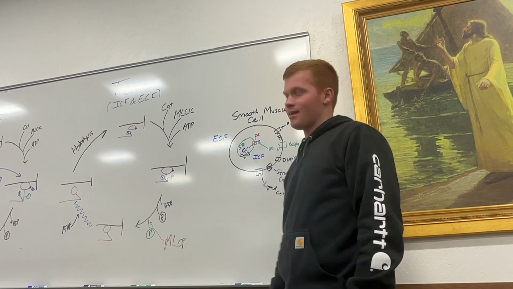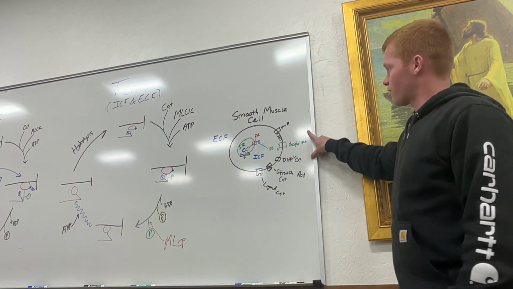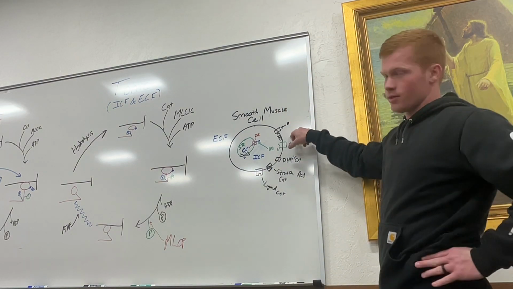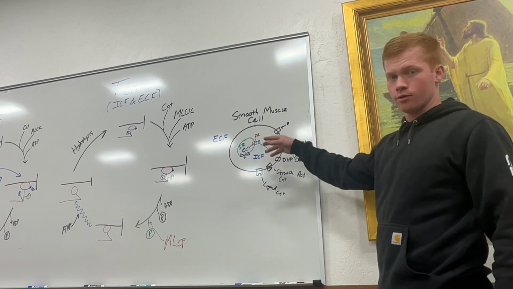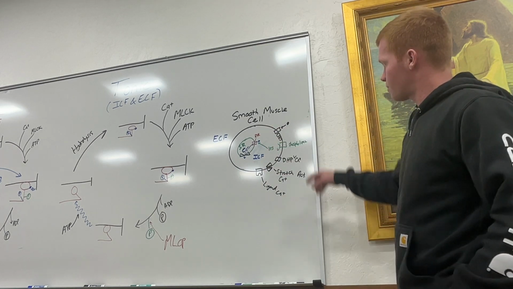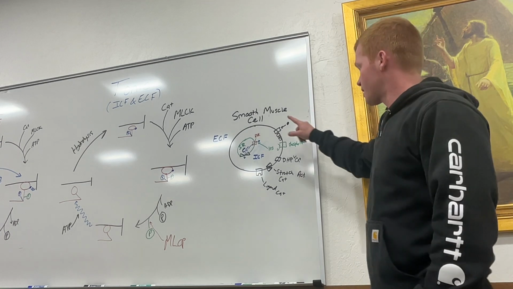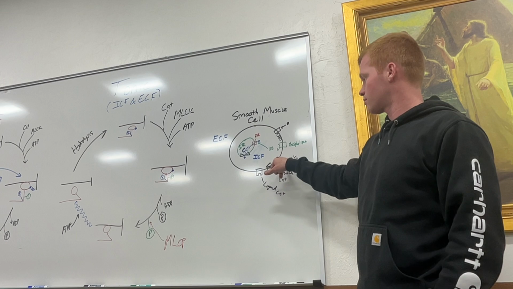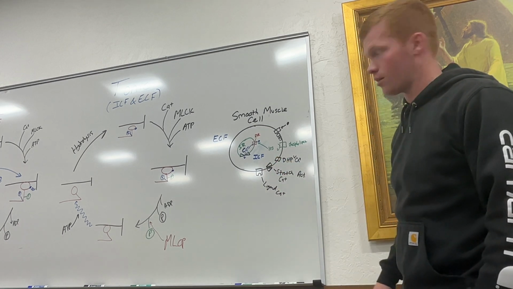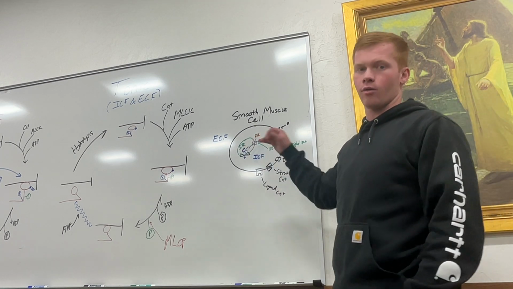So now we're on smooth muscle. This is a smooth muscle cell. Unlike skeletal muscle, there's no T-tubules. That's because the membrane doesn't need the DHP, the voltage-gated calcium channels, to be connected to the RYR to open.